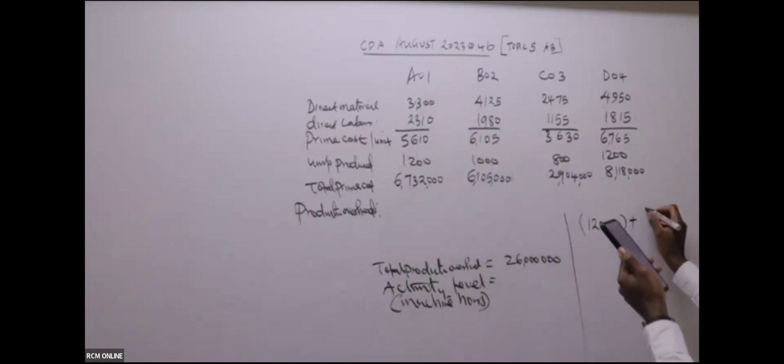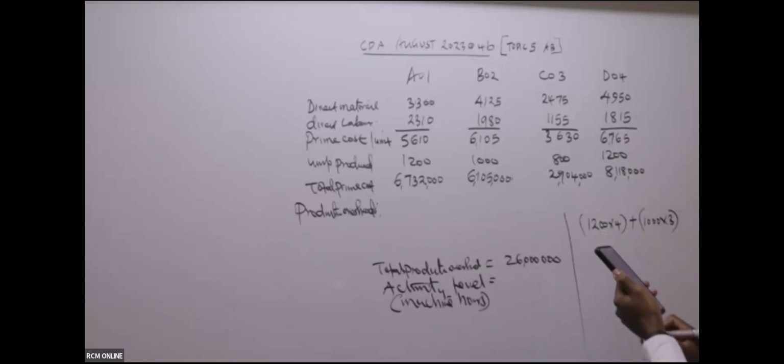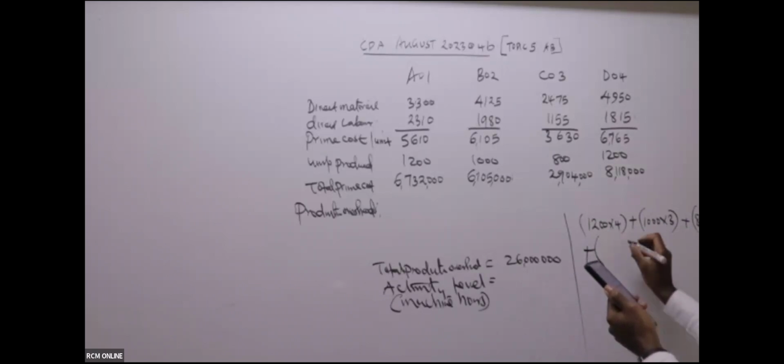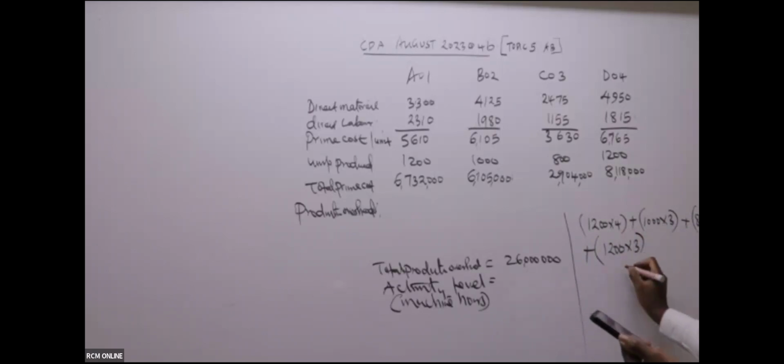Then we add 1,000 units times 3 hours per unit of B, plus 800 units times 2 hours, and the last one, 1,200 units times 3 hours.